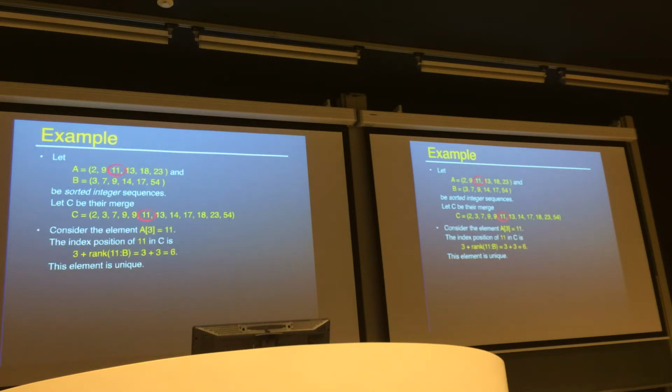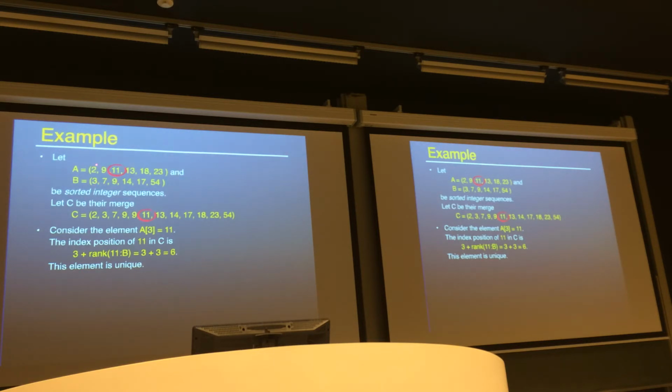Now let's look at the third element here. It's 11. The index position in the final array, C here, is 6. Why? Well, the index position of 11 in A is 3, and its rank in B equals 3, because there are 3 elements that are not larger than 11 in B: 3, 7, and 9.